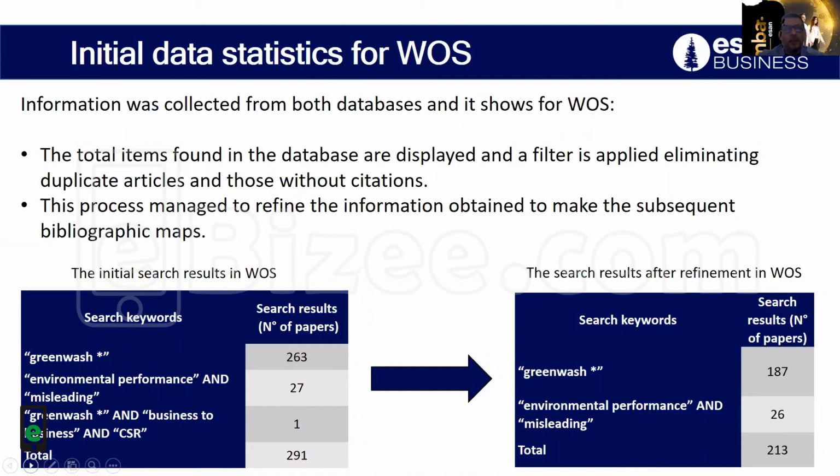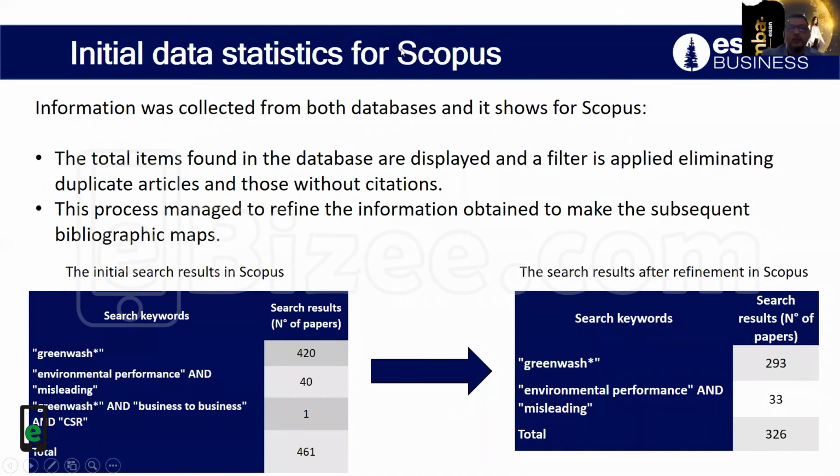In both databases, I present first the results of WOS, and then I will present the results of Scopus each time. I repeat, in this case, I want to share the results of both analyses, in WOS and in Scopus. But for my next bibliometric analysis of my new research, I will continue using only Scopus.